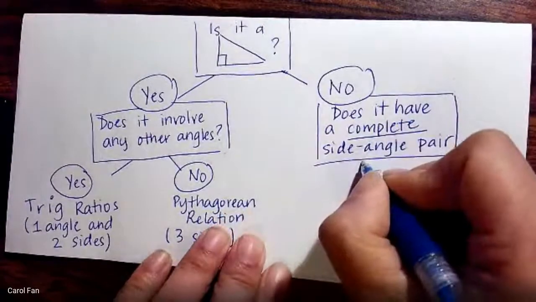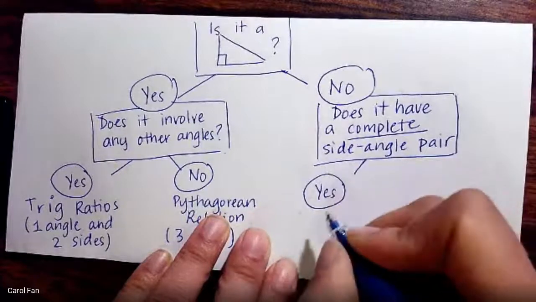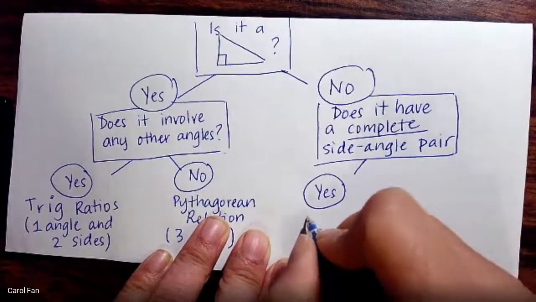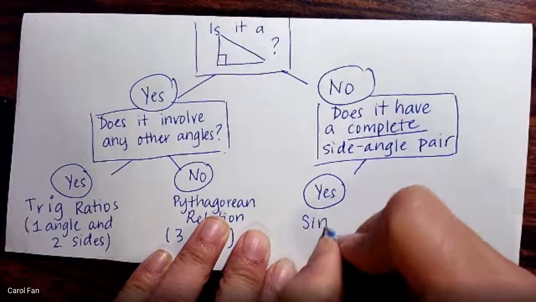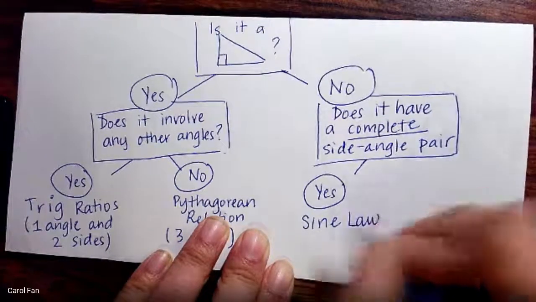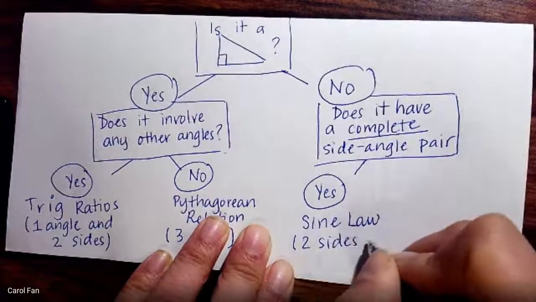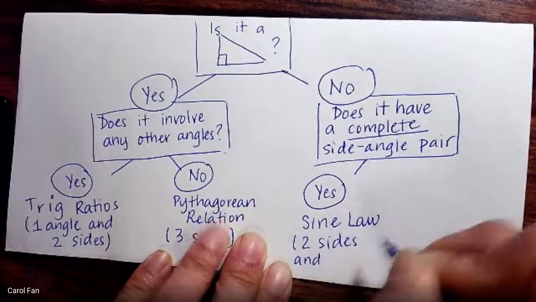Now, if it has a complete side angle pair, you are going to be using the sine law. The sine law always involves two sides and two angles.